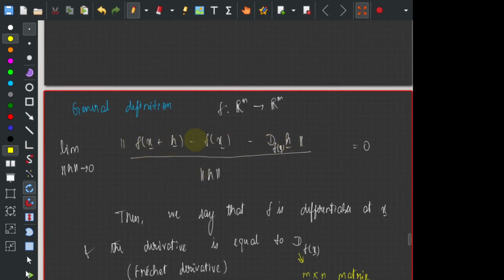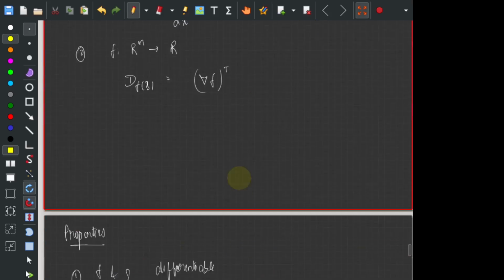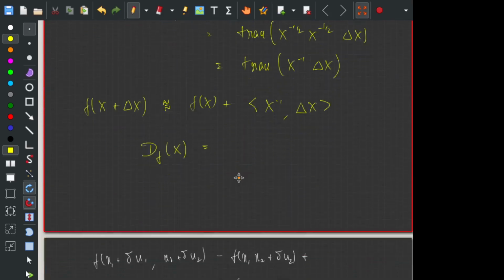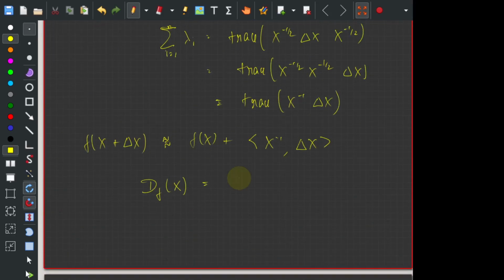It's f of x plus h minus f of x minus the inner product between something and delta x, divided by the norm of delta x. So in this case, what will the derivative be equal to? It's x inverse, right? So this is going to be equal to x inverse.